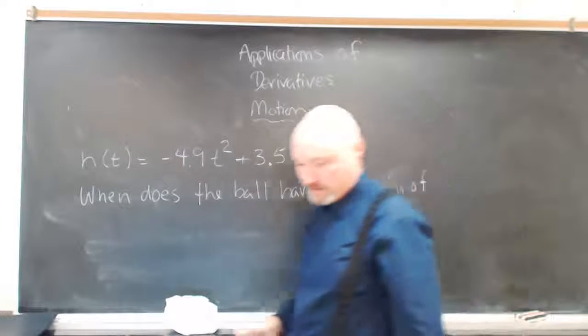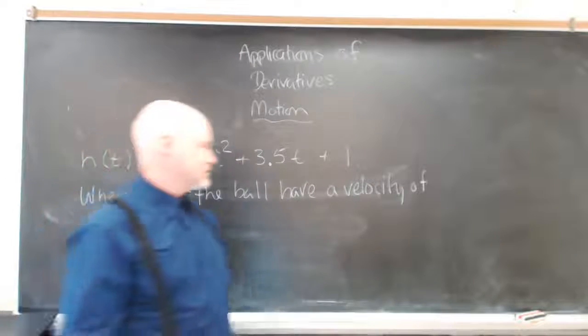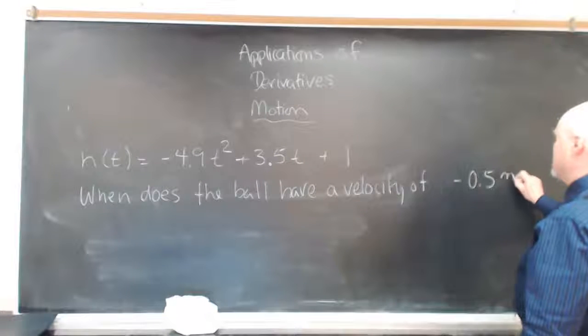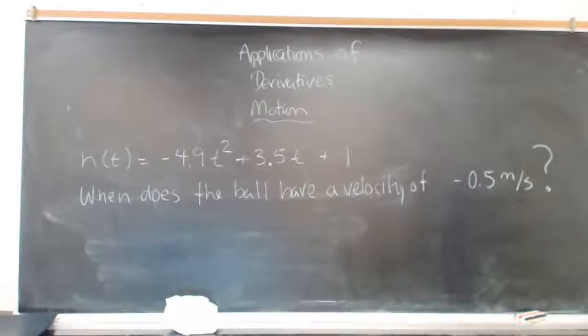I just have to pick a nice value that is real. So when does the ball have a velocity of negative 0.5 meters per second?